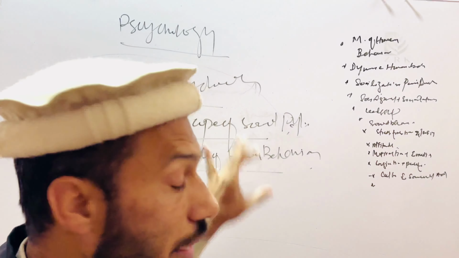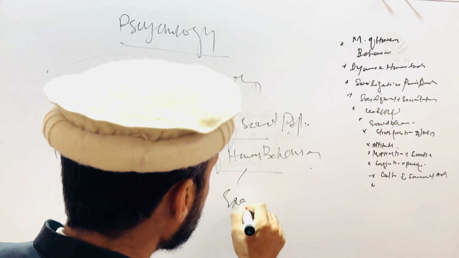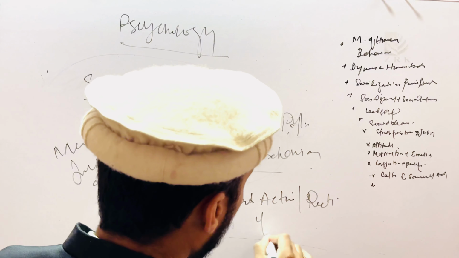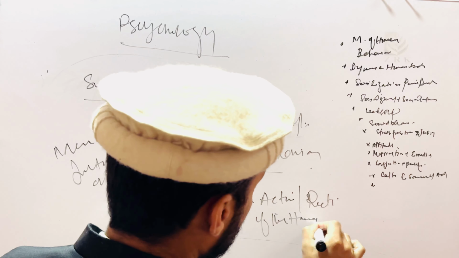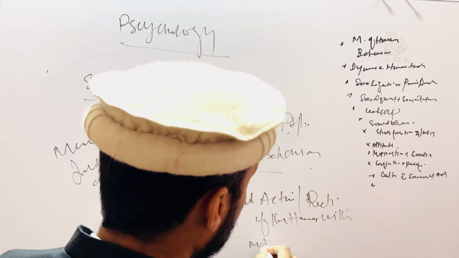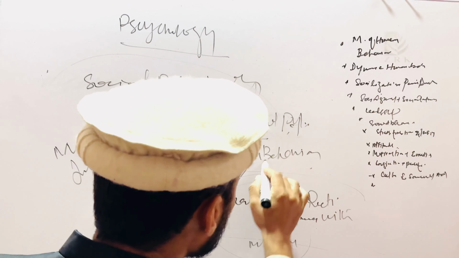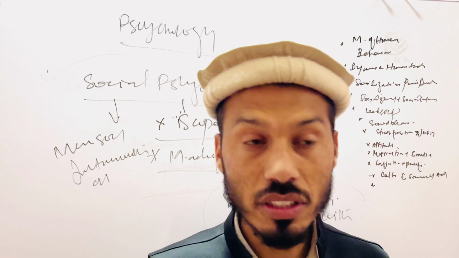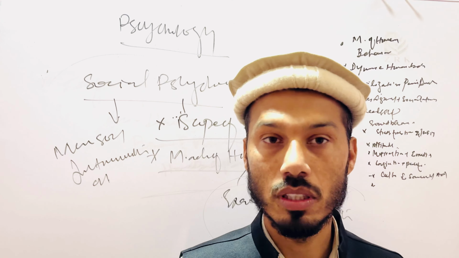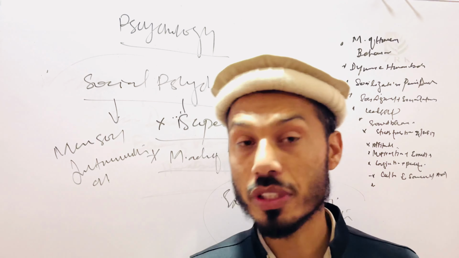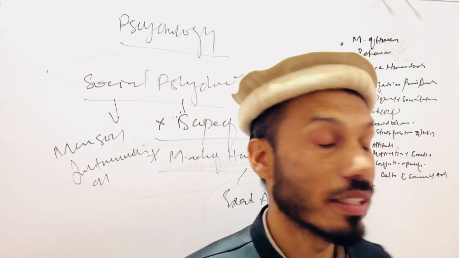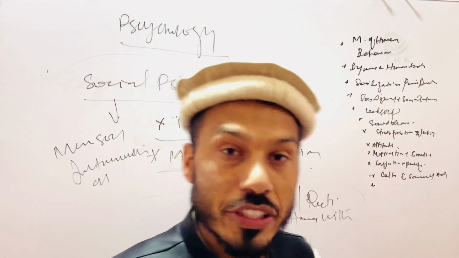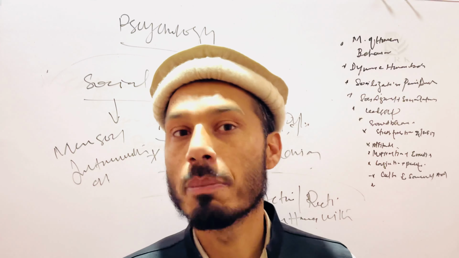The human behavior is the external action and reaction of the human body with the outside of the environment. It's called human behavior. So the social psychology studies the human behavior of the body.